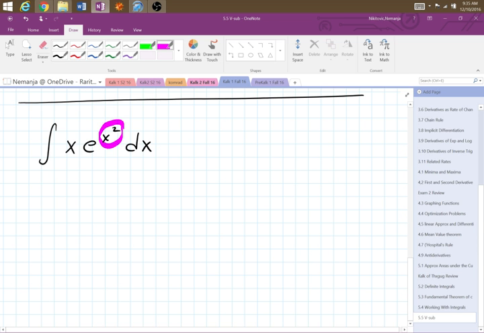But in general, try to deal with it that way. What bothers you the most? Start there. So u is x squared, because I know how to deal with e to the x, not e to the x squared. So let me do that. And then what's du?